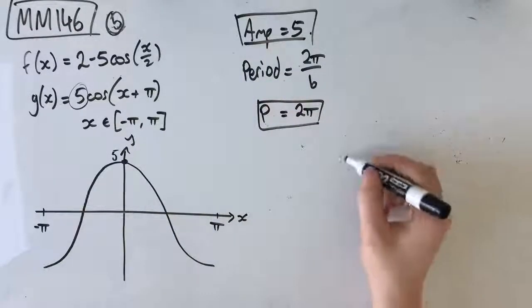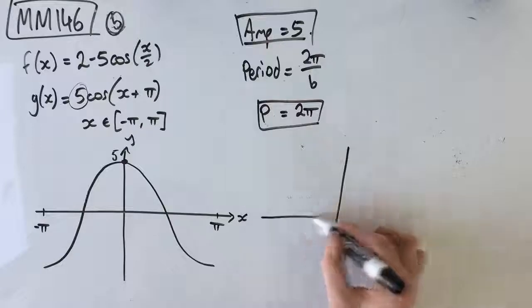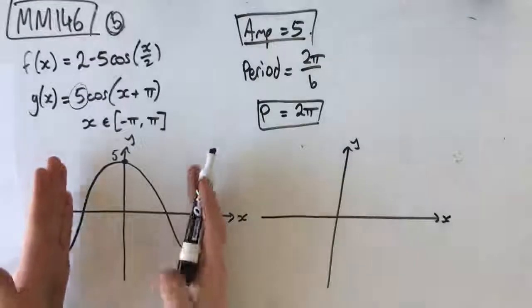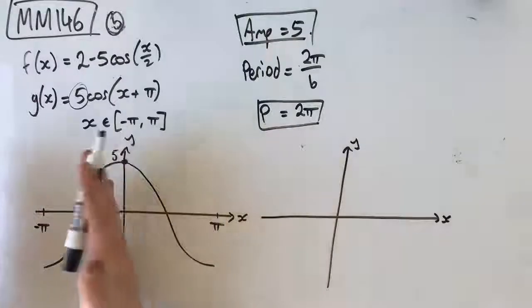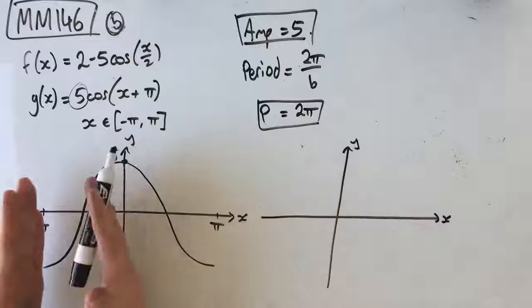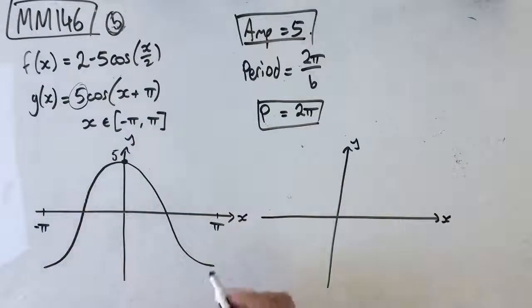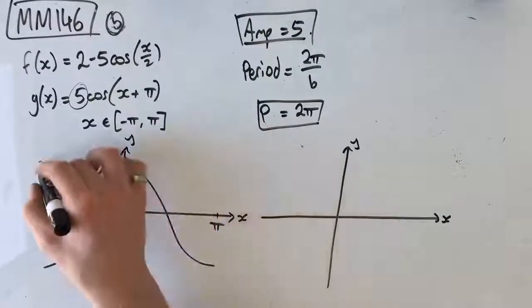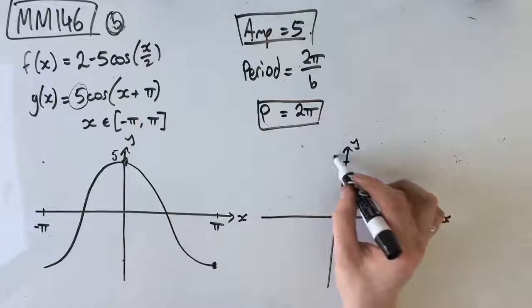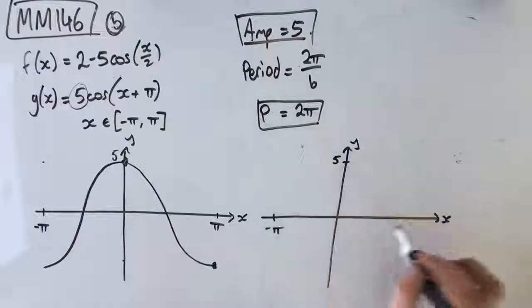Which means that when we actually apply the transformation, we're moving all of this to the left pi units, because this is plus pi, which means we're doing the opposite, we're minusing it, which means that this point here is going to end up here, and this point here is going to end up here, because this is pi, we're moving a pi across, which means that we're actually going to get, so this is the max of 5, negative pi and pi.